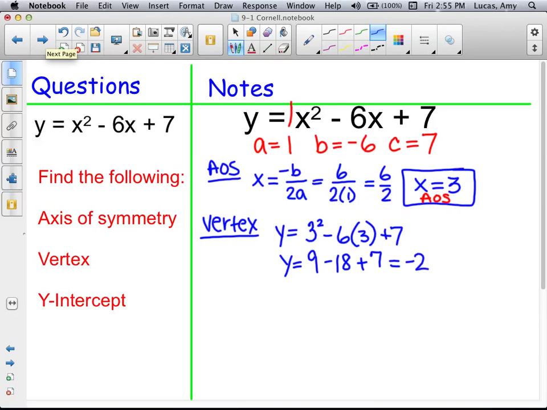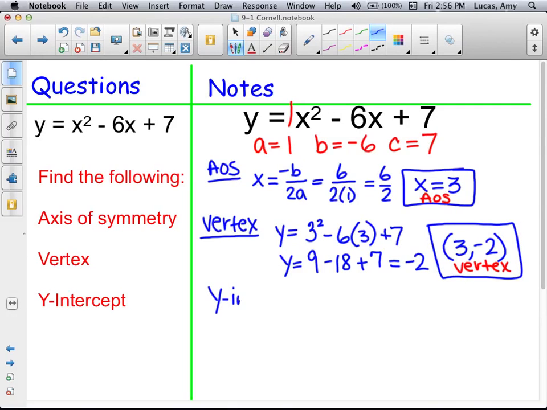So then my vertex is 3 from the axis of symmetry and -2 from what we just solved. There's my vertex. The y-intercept is just C, so the y-intercept is 7. And there's your 3 pieces of information.